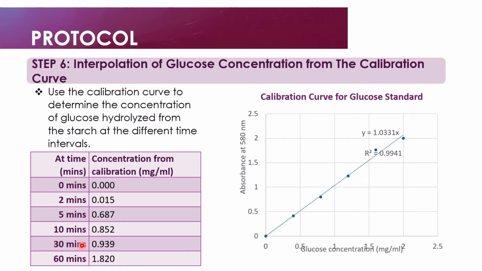At 30 minutes, we had 0.970, and we get an s value of 0.939. And at 60 minutes, we had an absorbance value of 1.880, and we get an s value of 1.820. So the s values obtained here are the extrapolated glucose concentrations from the calibration curve.